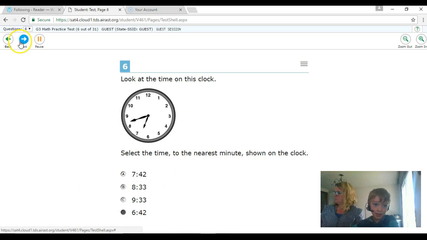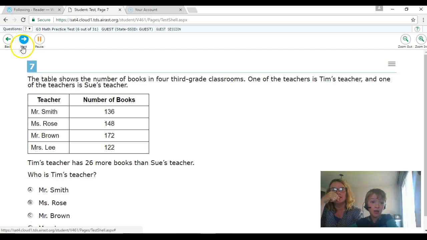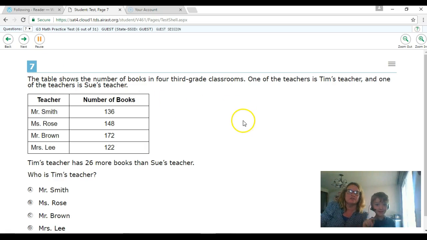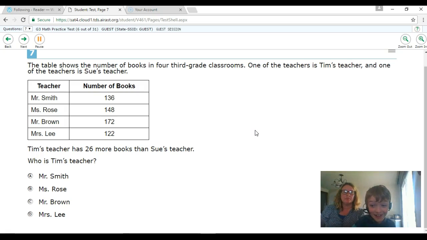I don't understand. I'll read it to you. Why are you saying you don't understand? Just because there's a bunch of information? So, let's read it together. The table shows the number of books in 4 third-grade classrooms. One of the teachers is Tim's teacher, and one of the teachers is Sue's teacher. Mr. Smith has 136 books.